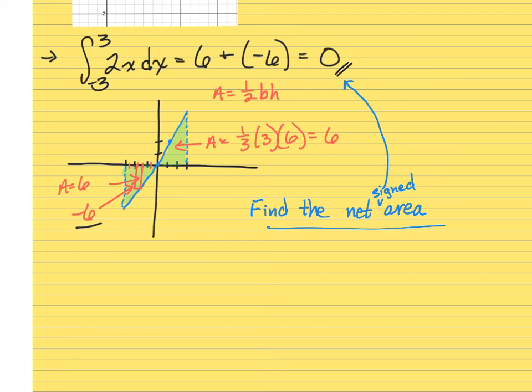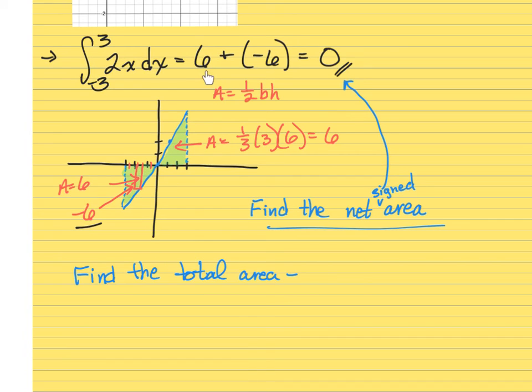However, sometimes they'll ask you a question like this: find the total area. In other words, look at our picture here. Imagine this is the shape of your garden, these two triangles. And so what's the area of your garden?